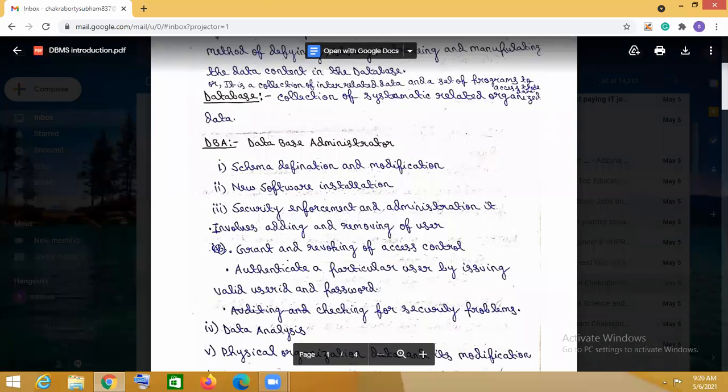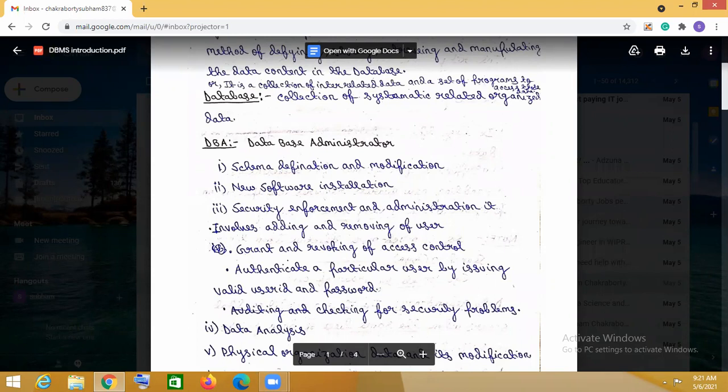Next, the database administrator is also responsible for data analysis, and for any physical organization's data and its modification. Each and every organization has its own database, and in this database it maintains the records.